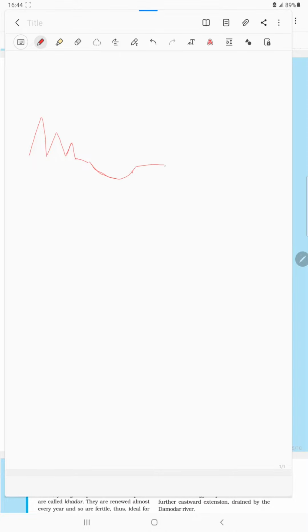You can just see, this is northern India, and this is the southern India. This is filled with the sediments. So let's see what that is.